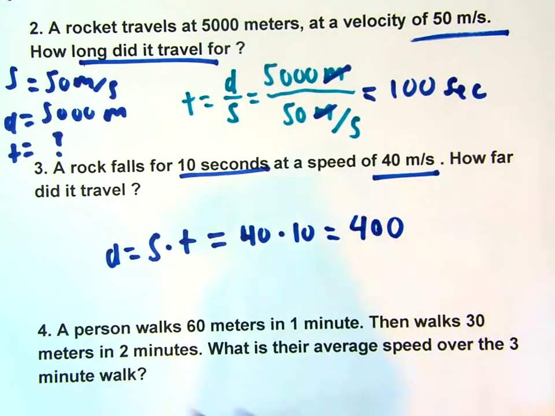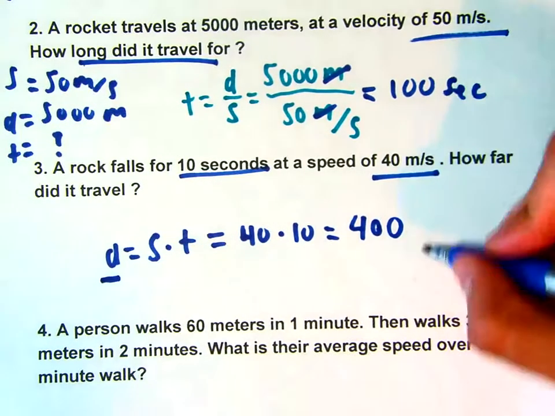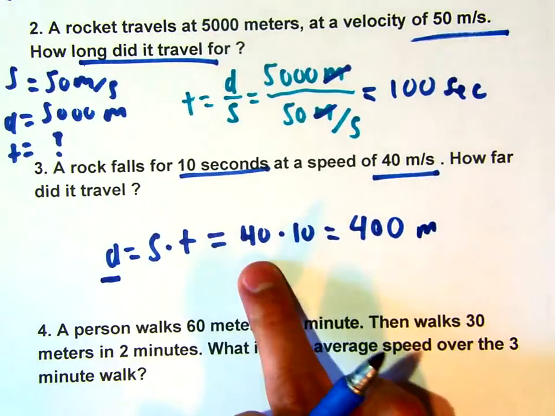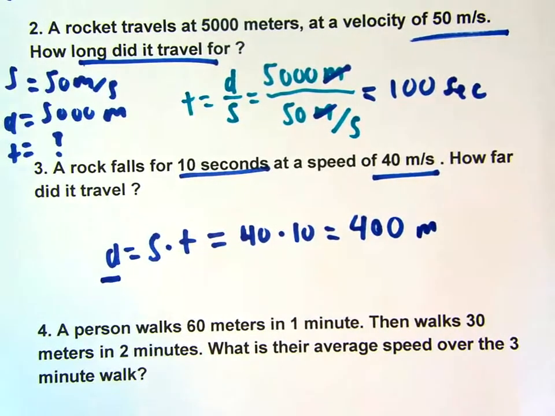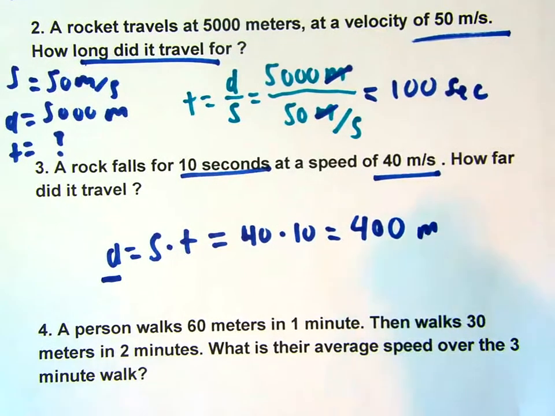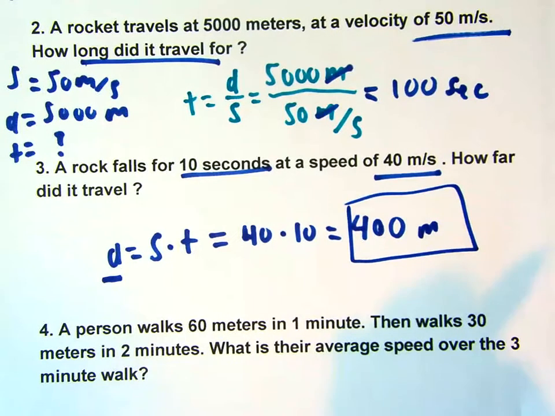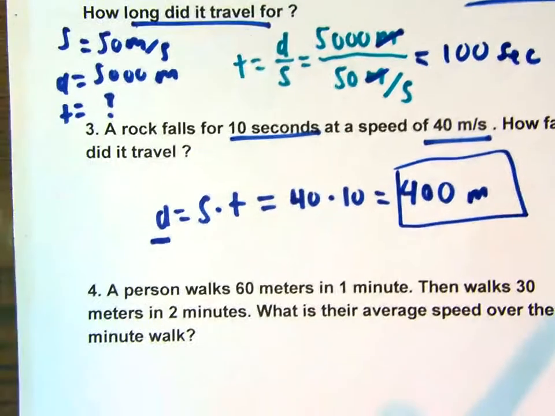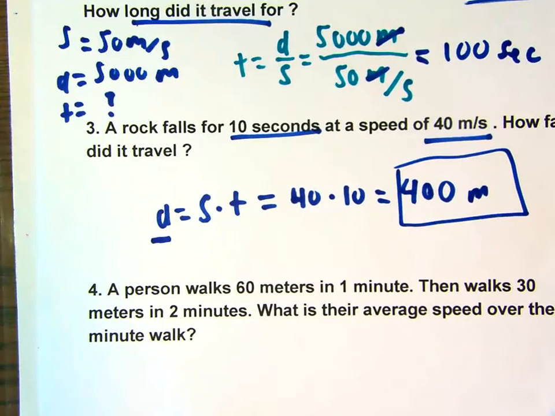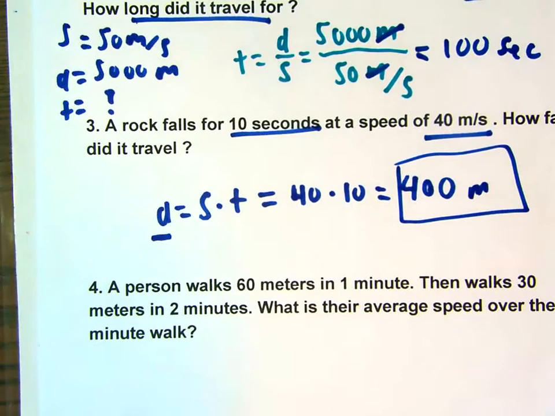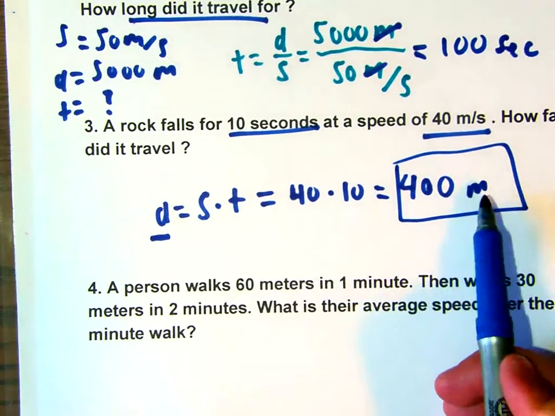How do I know it's meters? Because it's distance, right? So it's going to be meters. So you could leave out the units and then just put it at the end. That's another option. Okay? That would be my final answer. All right. Keep in mind that my units matter. So you're not always going to be given meters and seconds.